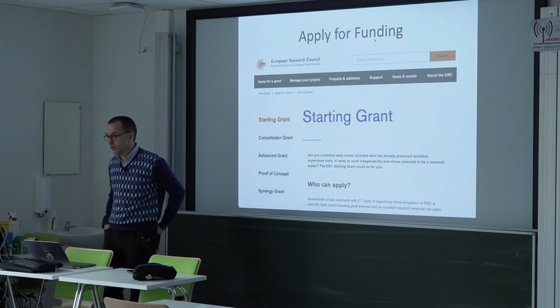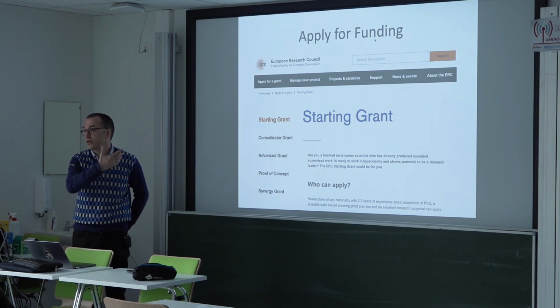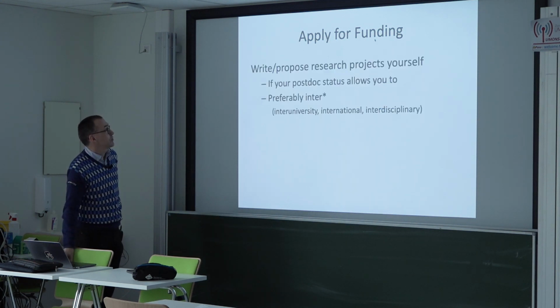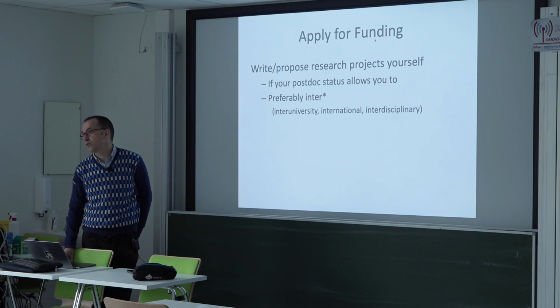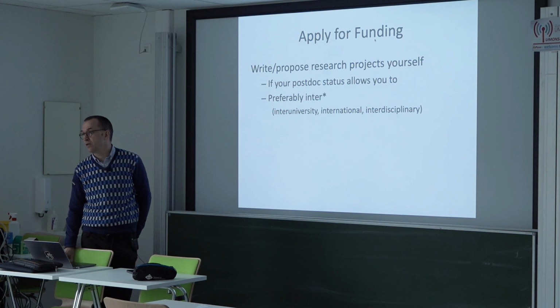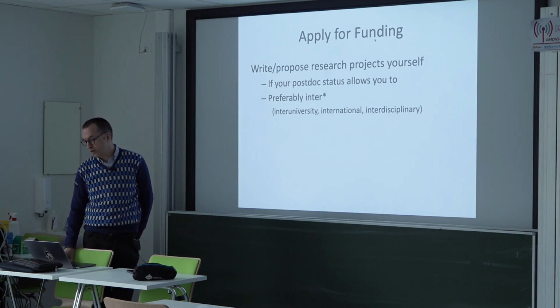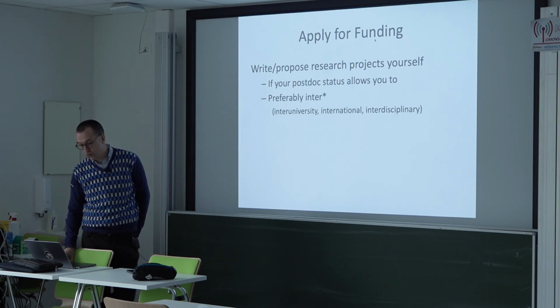Why not apply for those things? Try to be ambitious. If it doesn't work, try to reuse whatever you submitted somewhere else. There are lots of different types of project funding that you can apply for, and try to do this not in isolation in your own team, but also to collaborate with other persons, maybe some inter-faculty research project, inter-university research project, or even an international or interdisciplinary research project.